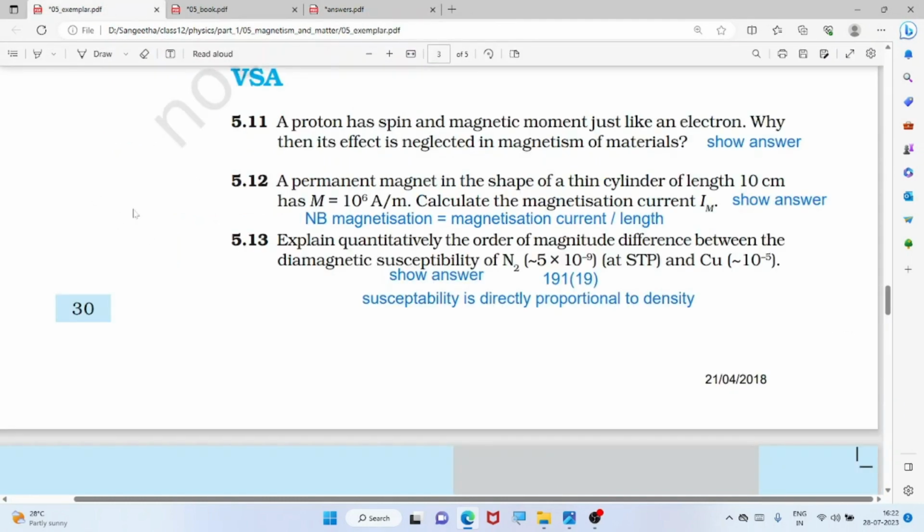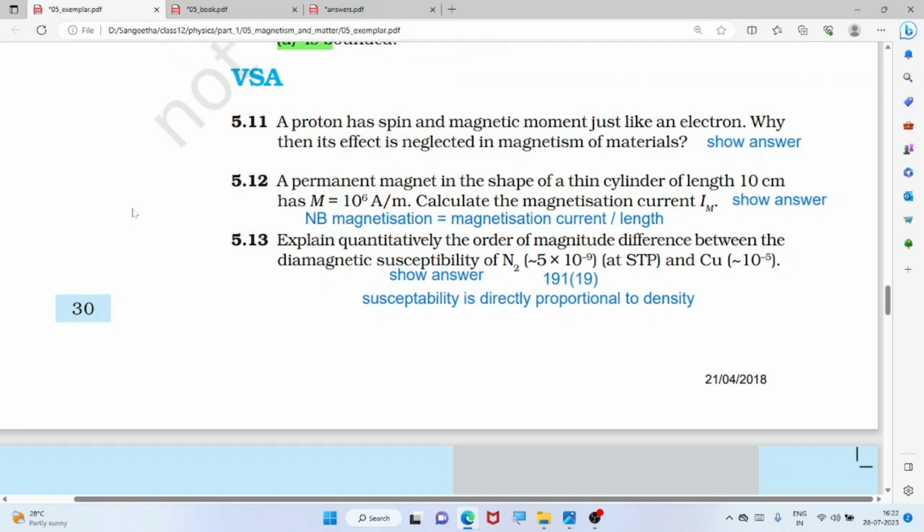A permanent magnet in the shape of a thin cylinder of length 10 cm has a given magnetization. Calculate the magnetization current. The magnetization equals the magnetization current divided by the length.